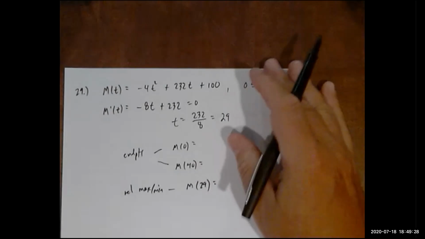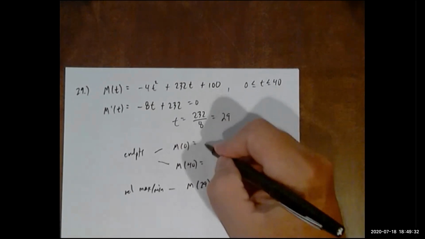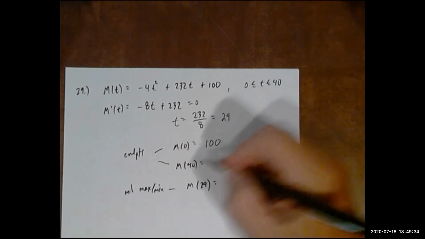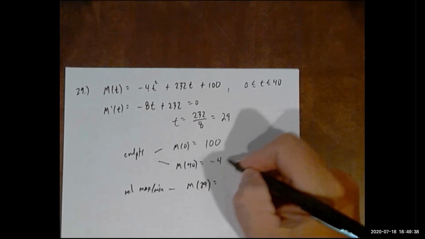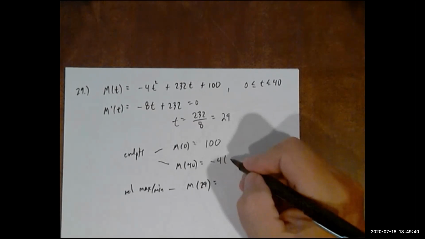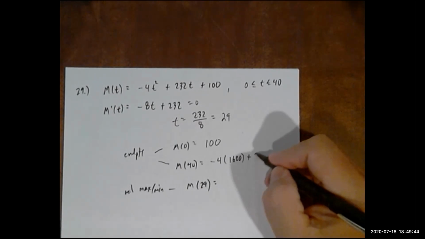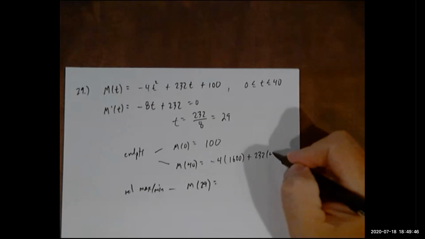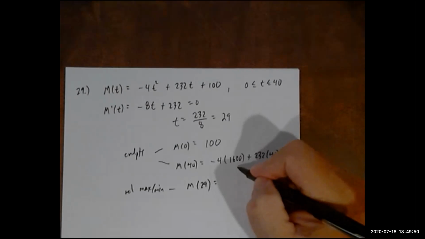0 is pretty easy. First term is 0, second term is 0. 40, I have to do the math. Negative 4 times 40 squared, which is 1600, plus 232 times 40, plus 100.